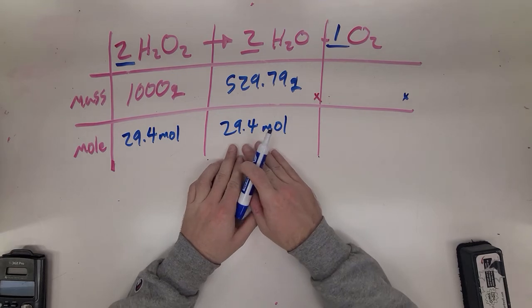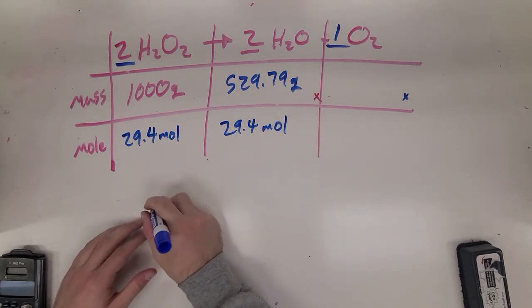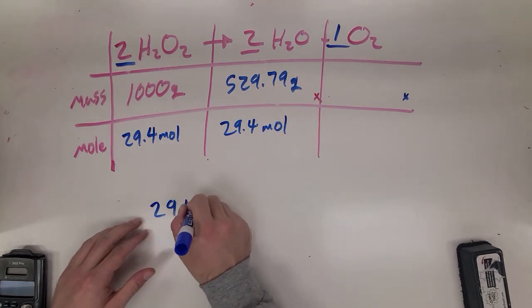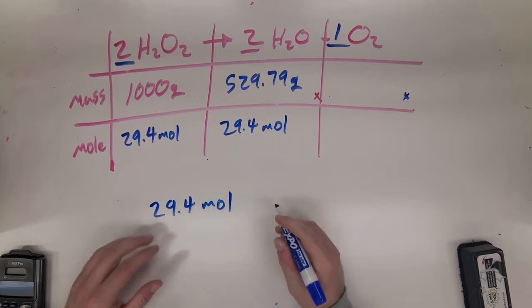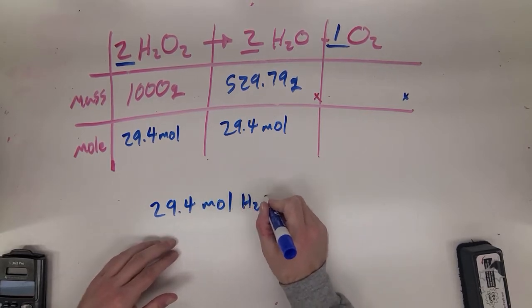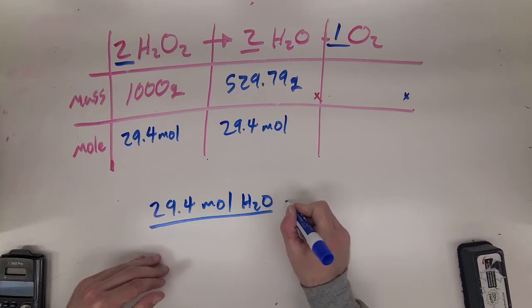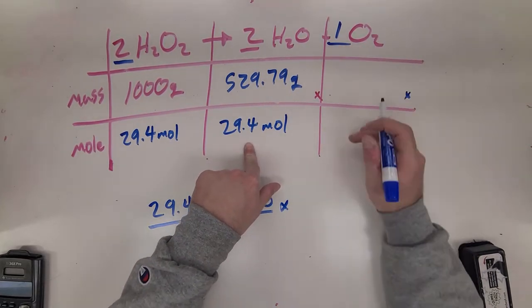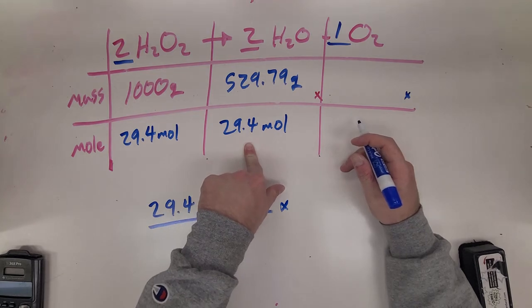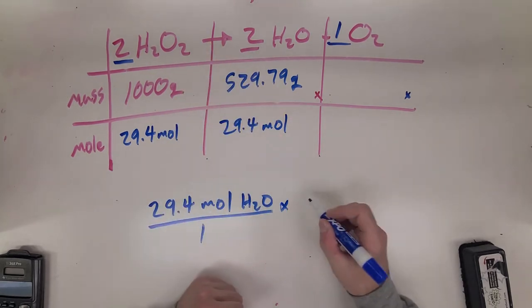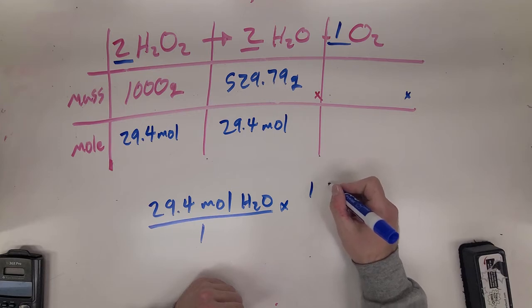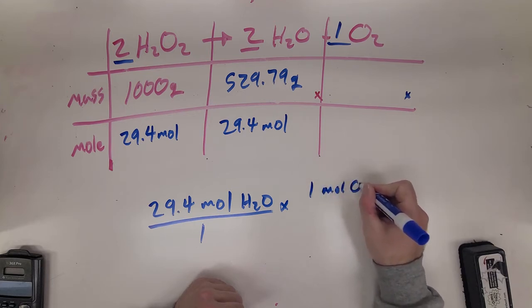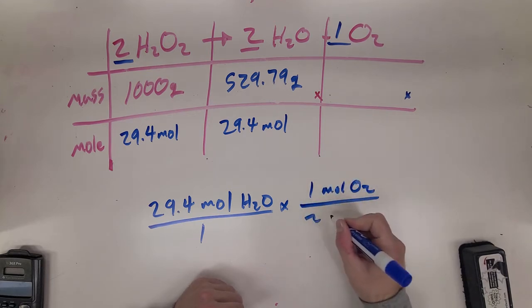So for every 29.4 moles of H2O, there is 1 mole of oxygen gas that is produced for every 2 of these. So we put the 1 on top, water on the bottom.